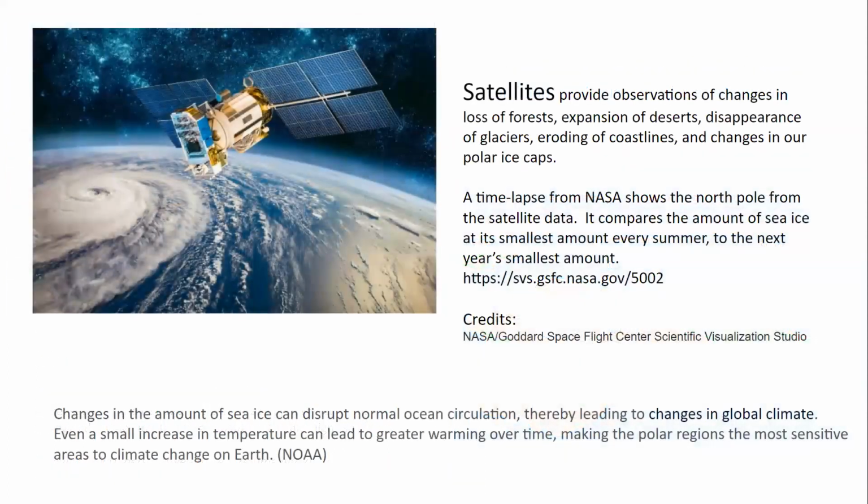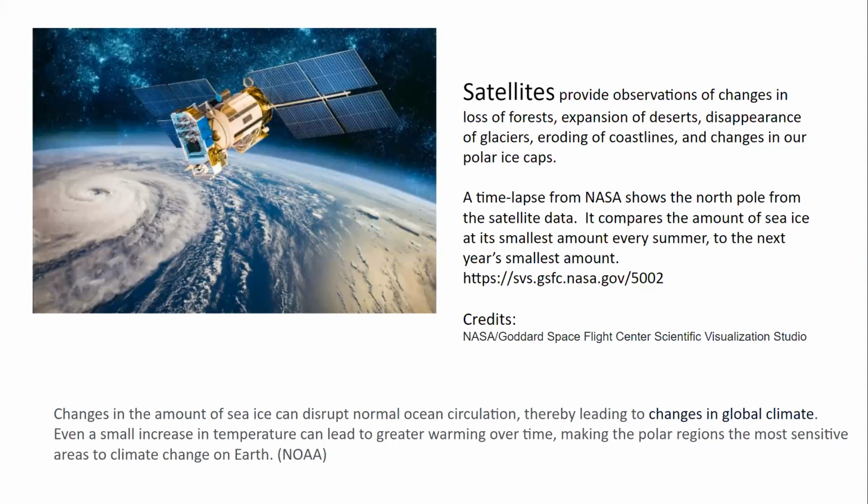Satellites provide observations of change in loss of forests, expansion of deserts, disappearance of glaciers, eroding of coastlines, and changes in our polar ice caps. A time lapse from NASA shows the North Pole from the satellite data. It compares the amount of sea ice at its smallest amount every summer to the next year's smallest amount.